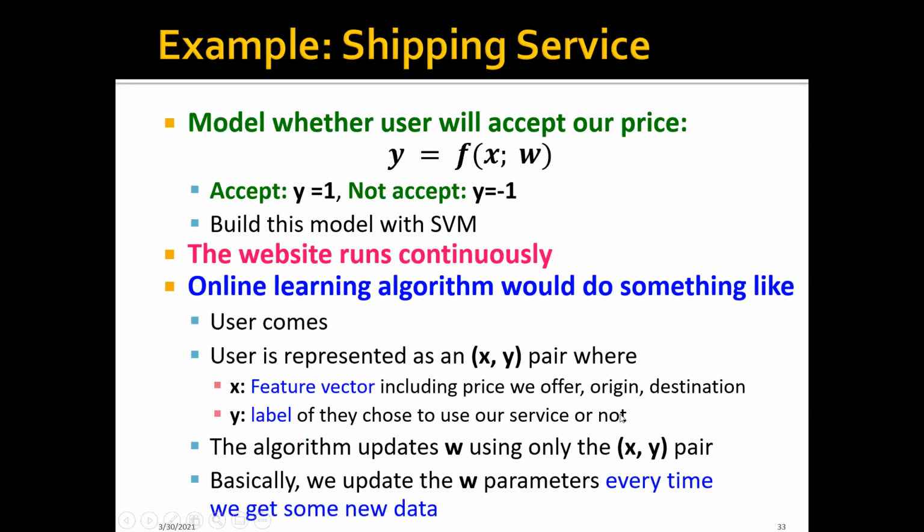And the Y would be the label of whether they chose to use our service or not. And this algorithm, specifically our SGD SVM, will update the w, which is a parameter, using only this specific XY pair. So basically, we update the w parameters every time we get some new data.